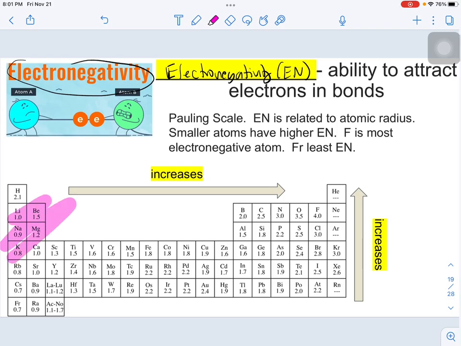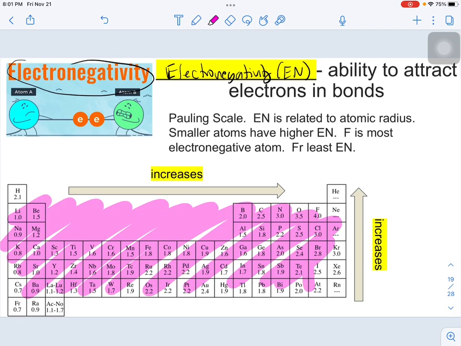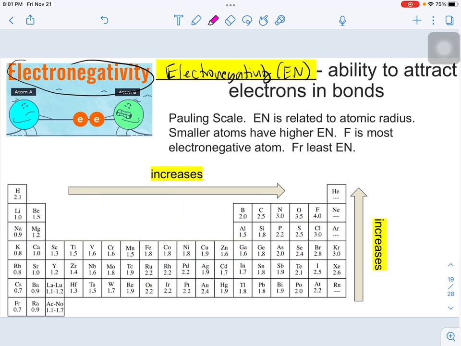Now let's take a look at this table here. It's a periodic table, but it's actually known as the Pauling scale. We took a look at this when we talked about bonding and we talked about electronegativity a little bit more in depth. The Pauling scale is a table that assigns a number to every element. You can see hydrogen has 2.1, rubidium 0.8, iron is 1.8, carbon is 2.5.